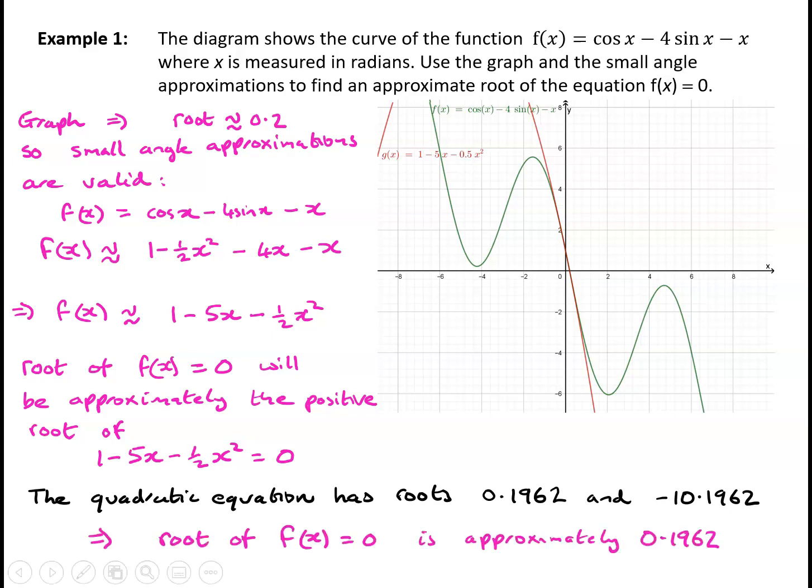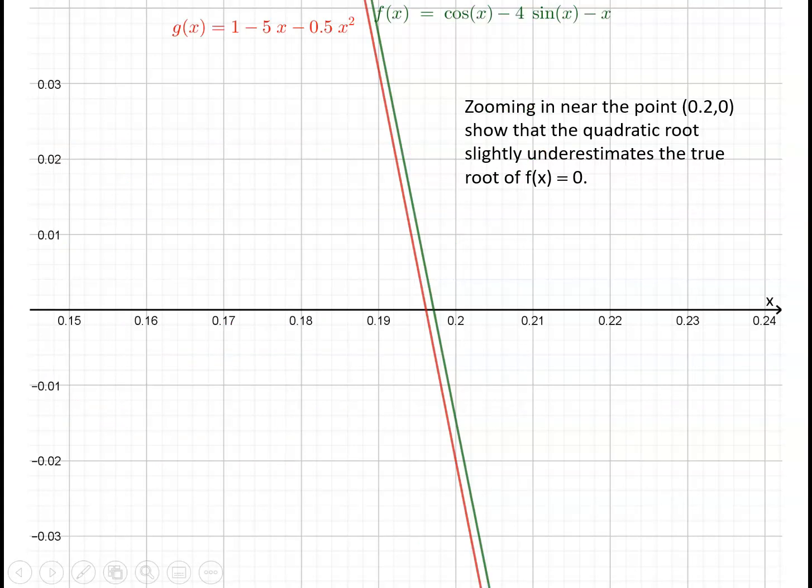If we move to the next screen, all I've done is enlarge the graph on the previous screen just to show what's happening between x equals 0.15 and x equals 0.24. The green curve is the original function cos x minus 4 sine x minus x, and the red curve is the quadratic approximation to the green curve.